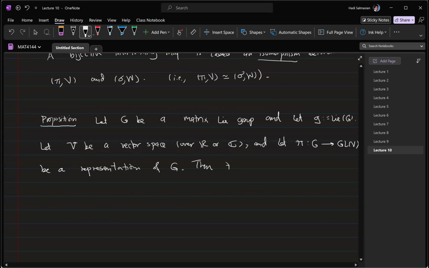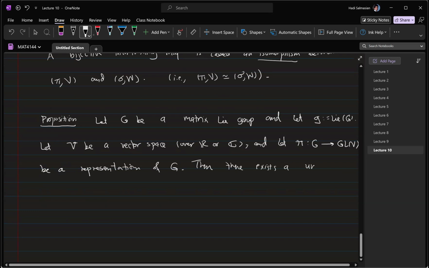So there exists a unique representation π underline from 𝔤 into GL(V), such that π(e^X) equals e^(π underline X) for all X in 𝔤. Well, the book uses π underline, which is fine, but that's really not common.